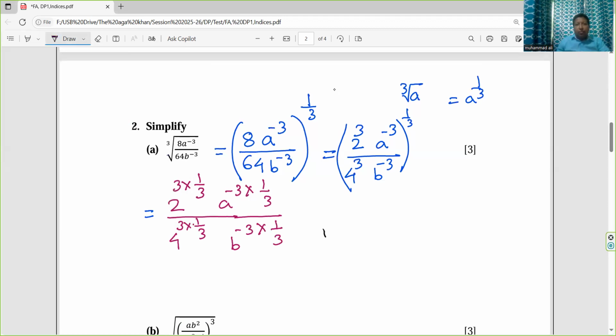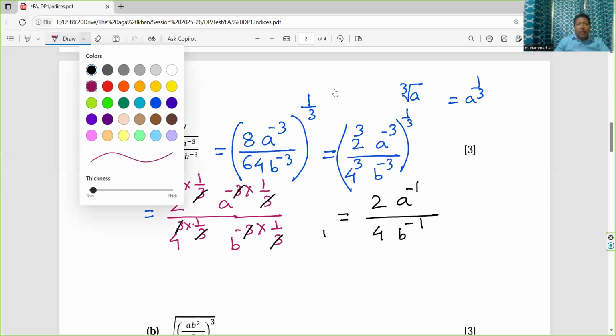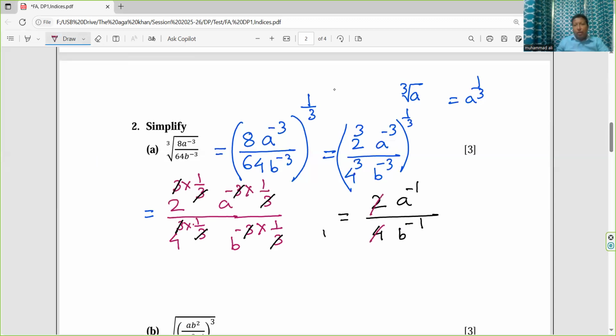So what we get? 3 and 3 cancel, 3, 3 cancel, 3, 3 cancel. So we'll get 2, a to the power minus 1, 4, b to the power minus 1. So we can cancel these 2 and 4, below side 2, upper side 1.